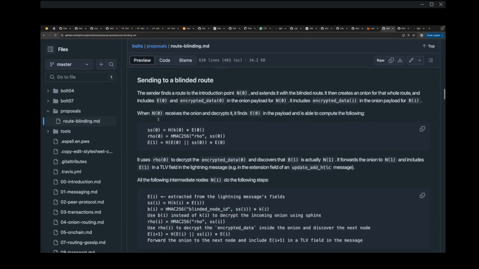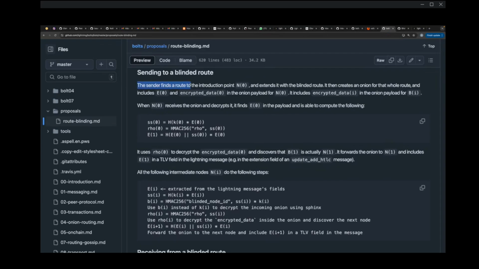All right, so this is the flow here. The sender finds a route to the introductory point through the normal route finding algorithm that is used in Lightning, and then extends it with the blinded route. It then creates an onion for that whole route and includes E0 and encrypted data 0 in the onion payload for N0. And it creates encrypted data i for the onion payload of blinded node i.